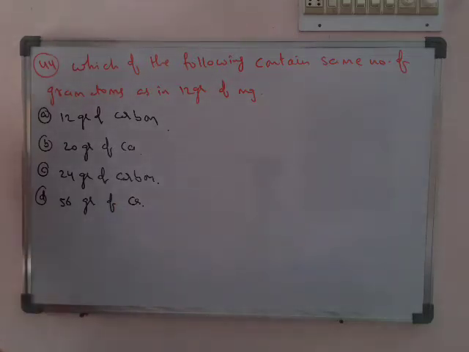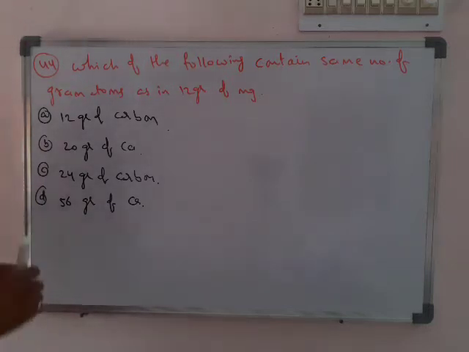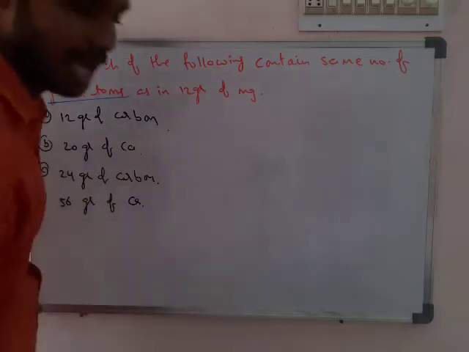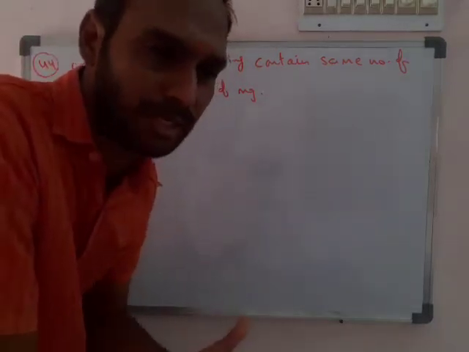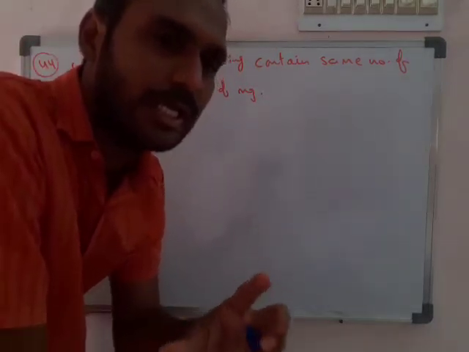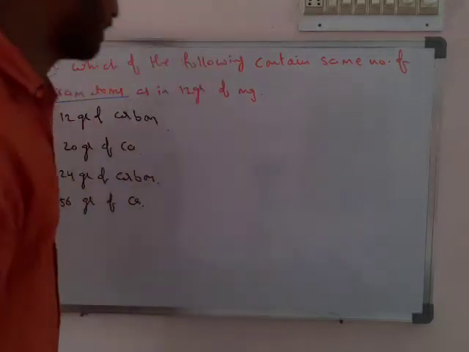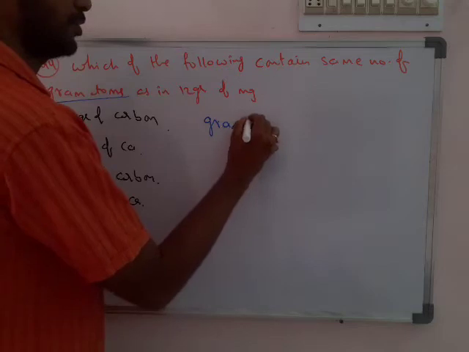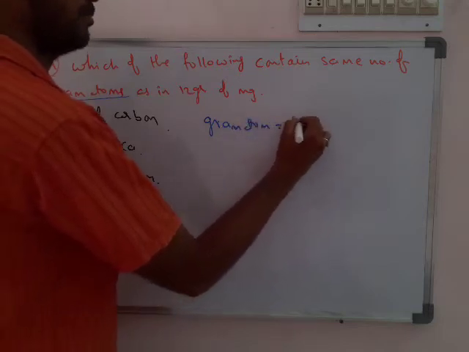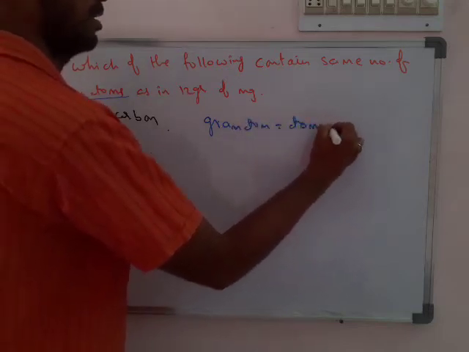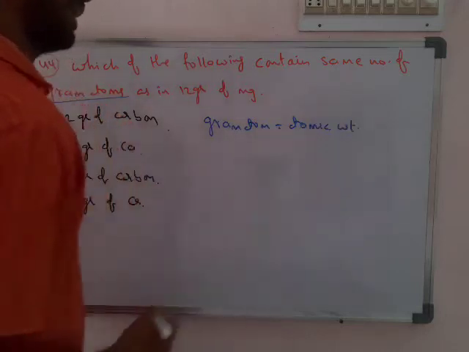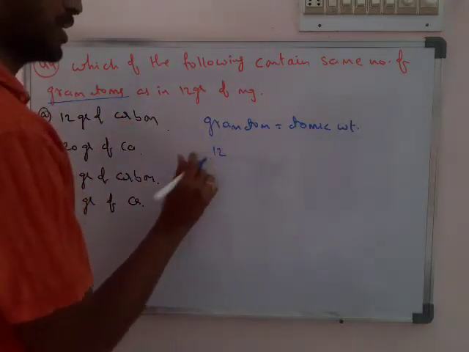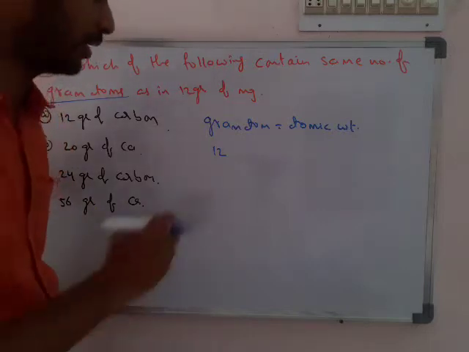Okay, you have to compare. So what is given in the question? It is given the number of gram atoms. Gram atoms means one atomic weight, not the exact weight here. Gram atom is nothing but atomic weight. So 12 grams of magnesium is given.